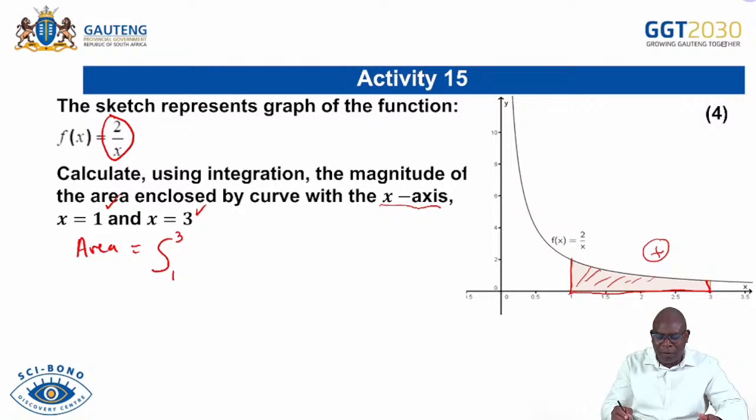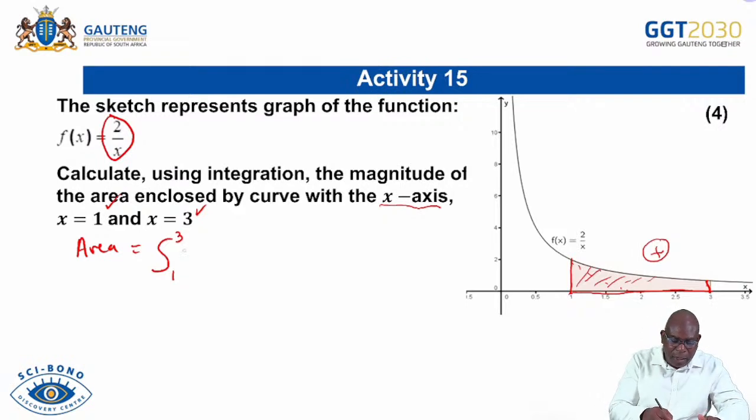To find the area, if I'm trying to be smart, I would have to divide this into pieces and get the area of each and every component, which is going to take me forever. The easy way is to do the integral. We're applying the integral to put those pieces together and get the area of the whole shaded part.